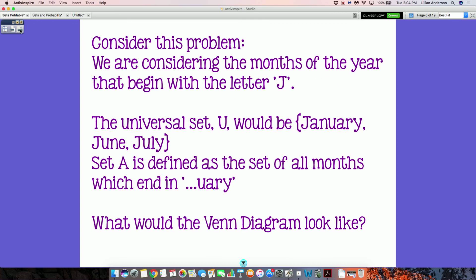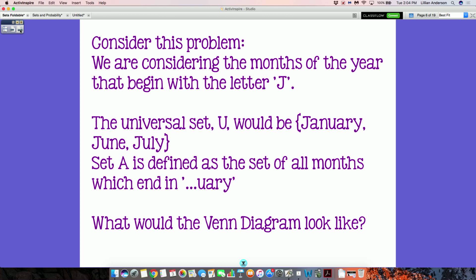So, consider this problem. We're talking about the months of the year that begin with the letter J. The universal set would be January, June, and July. Those are the only months out of the year that we're considering, so April, May, October, you'll leave those alone.